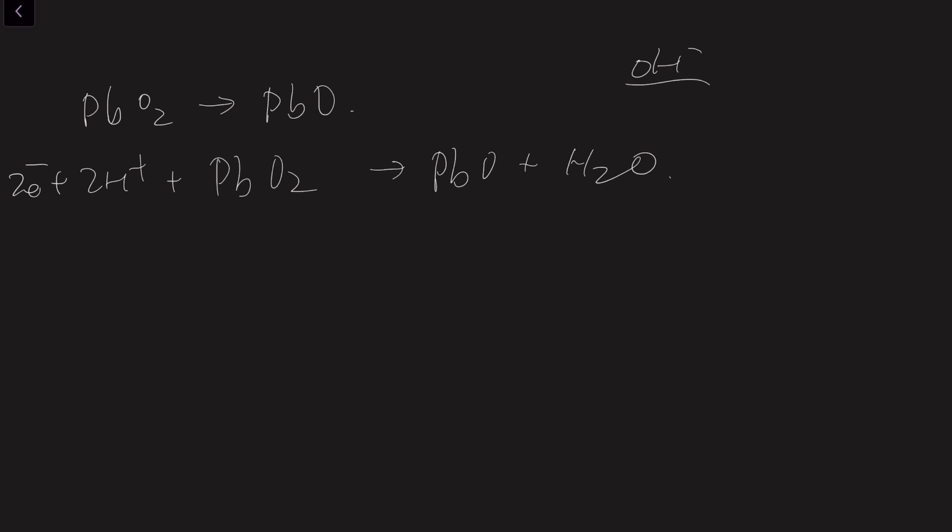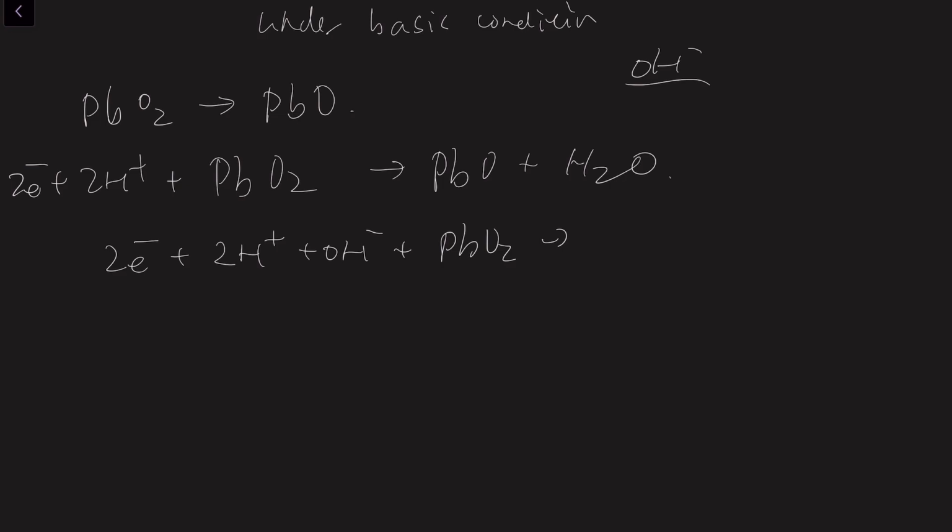Now it's looking good, but remember we are under basic condition, not acidic. What we do is we add OH minus ion to essentially balance out this hydrogen ion. So we have 2 hydrogen ions on the left, so we add 2 OH minus ion. So we also need to do this on the right hand side as well.